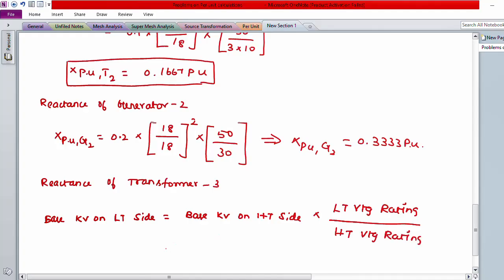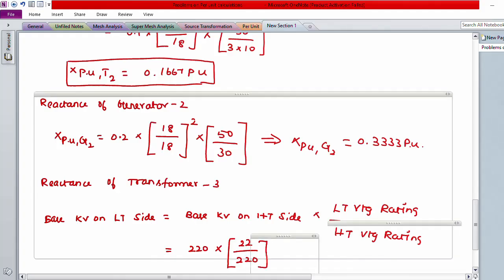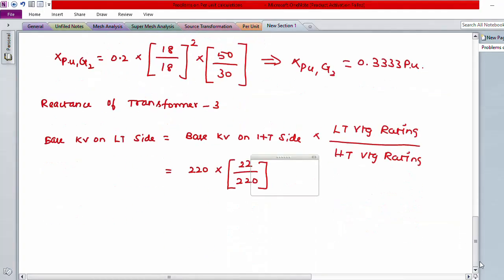So base kV on HT side is 220 kV, that is the last value which we have determined, and the LT voltage rating of transformer 2 is 22 and the HT voltage rating is 220. If we simplify this, the base kV on LT side becomes 22 kV.